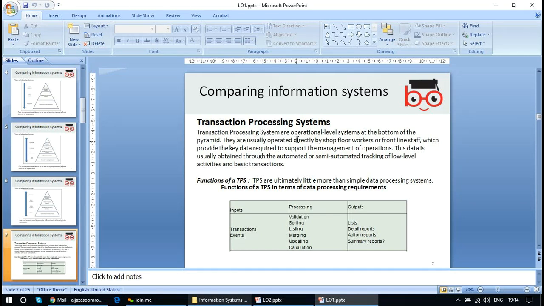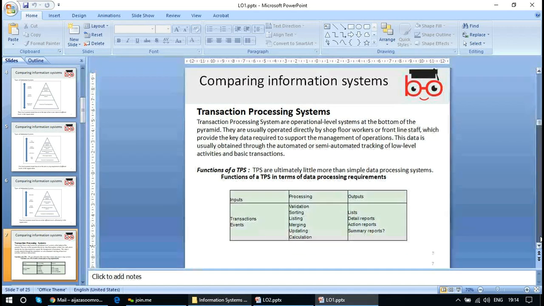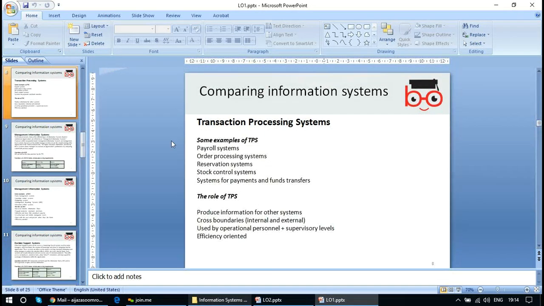Like it says, transaction processing systems are operational level systems at the bottom of the pyramid. They are usually operated directly by the shop floor workers or frontline staff, which provide the key data required to support the management of operations. So that's very basic data.